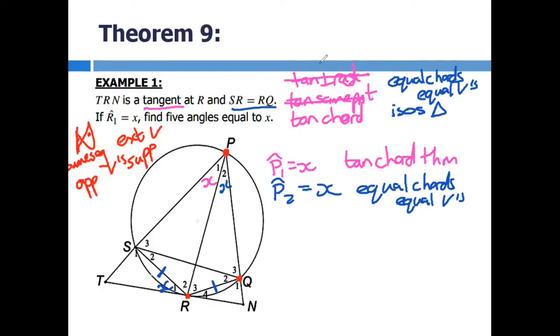We've got bow ties. Okay, should I draw in our bow ties for us? Here's one bow tie. Okay, so I want us to focus on that bow tie before we carry on. Is that bow tie going to help me with anything being equal to x?